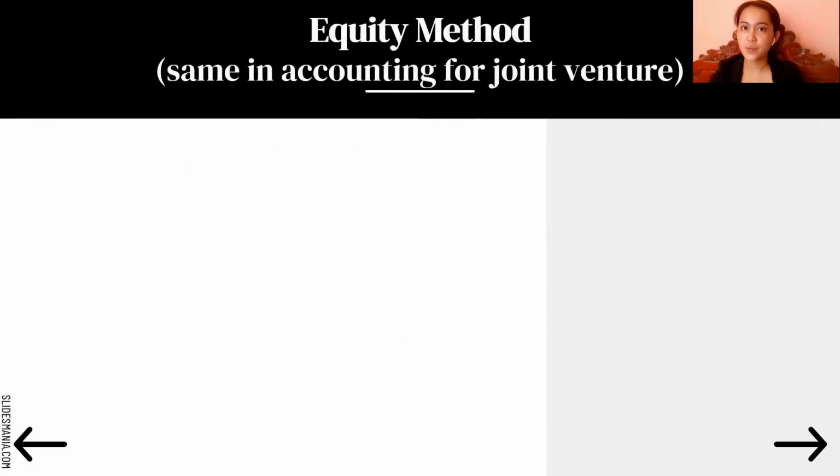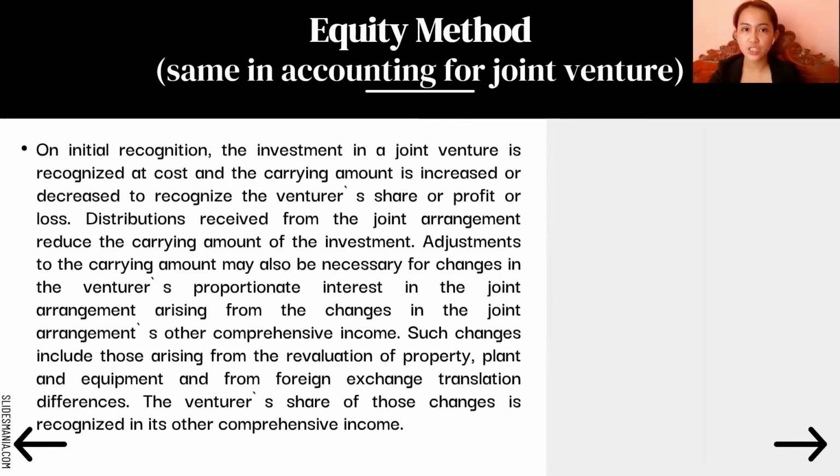Equity method, same in accounting for joint venture, which was discussed earlier by Ms. Urbano. On initial recognition, the investment in a joint venture is recognized at cost and the carrying amount is increased or decreased to recognize the venturer's share of profit or loss. Distributions received from the joint arrangement reduce the carrying amount of the investment.